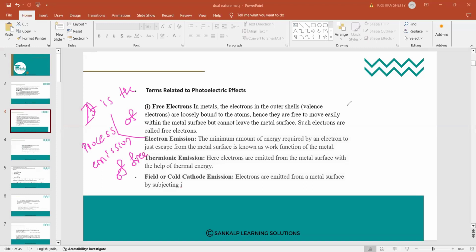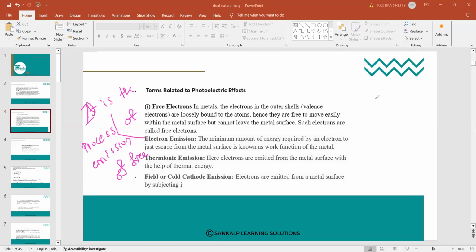So in simple terms, electron emission: the electrons are coming out of the metal surface. Is that clear? So in electron emission, students, we have some types. What are the types of electron emission?